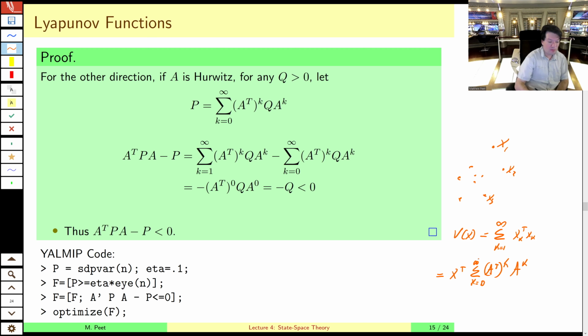And so we plug that Lyapunov function in here, and we actually prove it algebraically here. So we take A transpose PA, because I guess the proof is a little bit easier. And then when we apply A on both sides of this, well, that just advances the power here by 1.